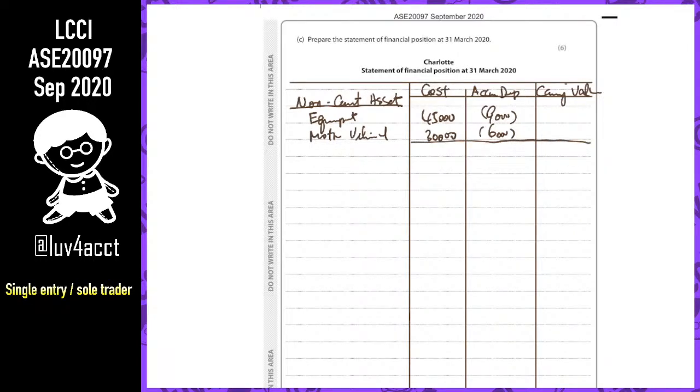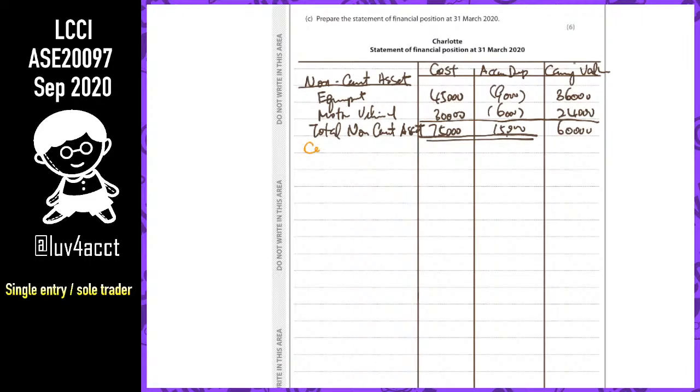Then the carrying values are 45 minus 9, 36,000, and 24,000, that means 60,000. Total cost being 75,000, total depreciation 15,000. Yes. So total non-current assets.